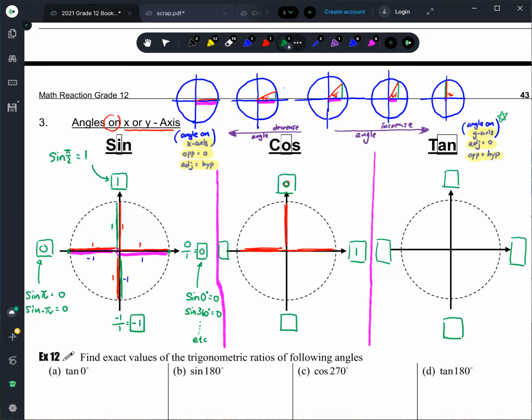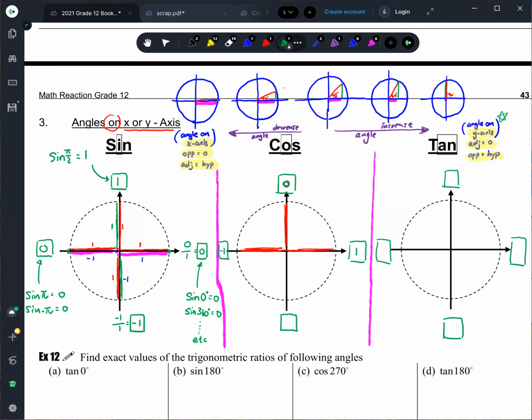It's -1 over 1. Yeah, -1 for the adjacent, and then hypotenuse is 1, so -1 over 1. Opposite disappears, but adjacent and hypotenuse are the same. But because it's on the left side, your adjacent is negative. So you need to have -1 over 1.